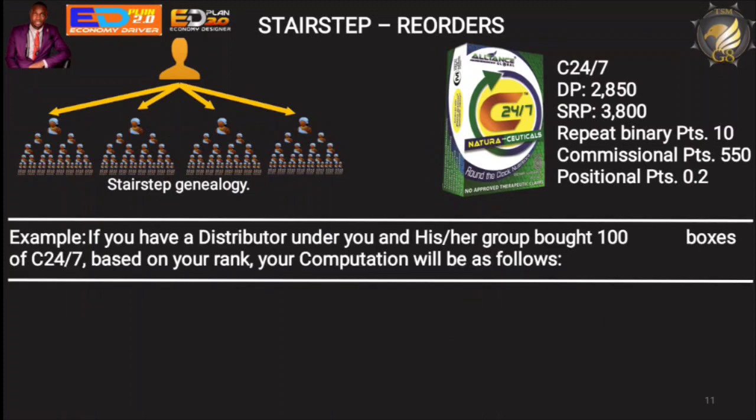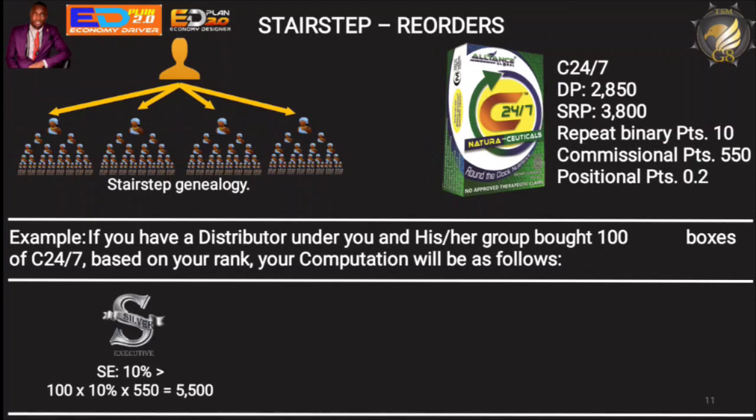Okay. Now, example, if you have a distributor under your team, and his team bought 100 boxes of C247, based on your rank, your computation will be as follows. So if you're a silver executive and 100 people in your team buy one box of C247, you're going to earn 100 people times 10%, because you're a silver executive.